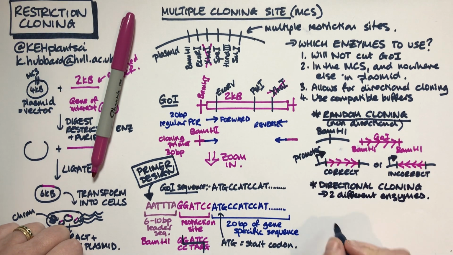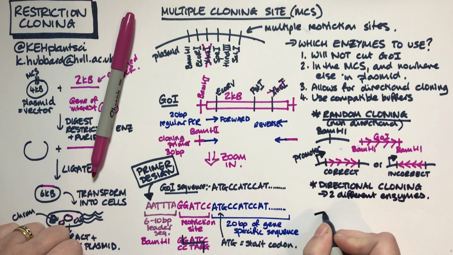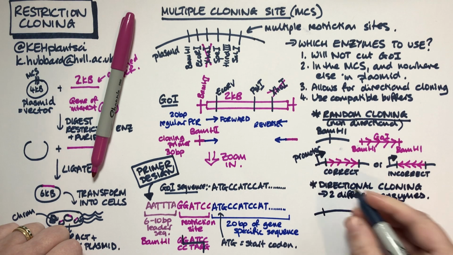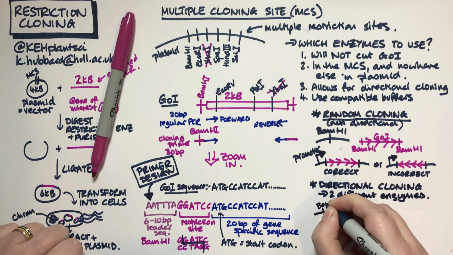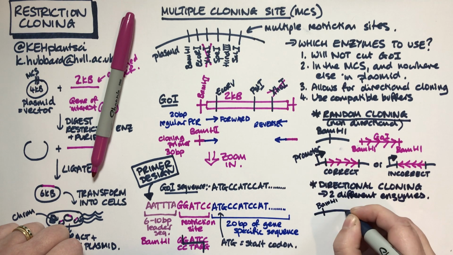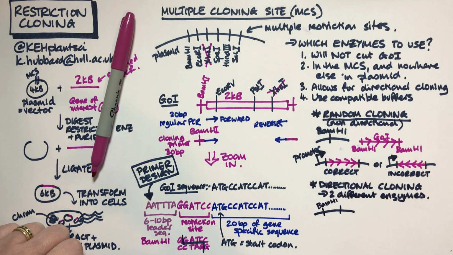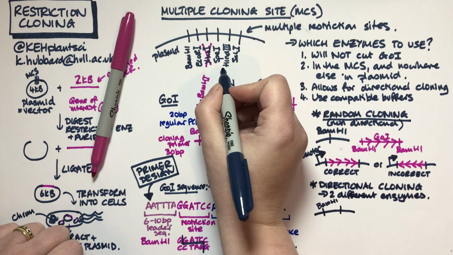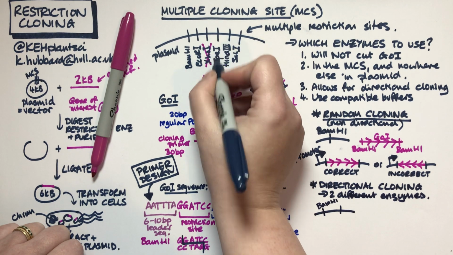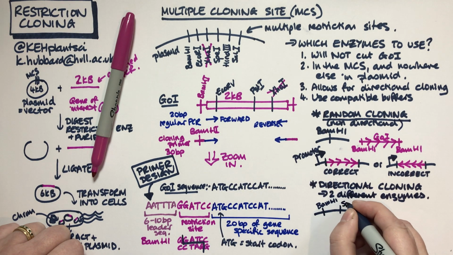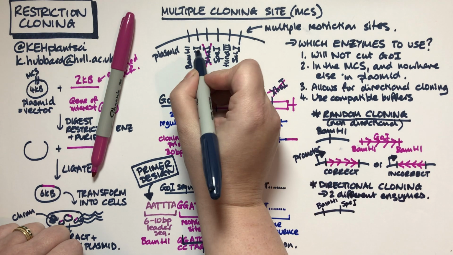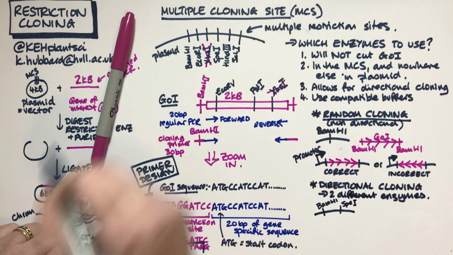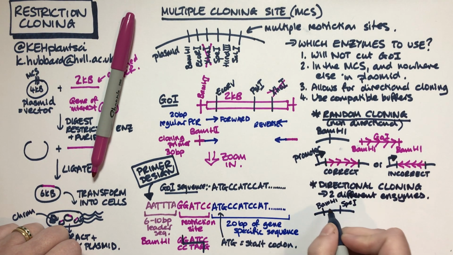So now here's the plasmid. We've got the BamH1 site, and now let's say we use SpeI. We could choose any of the others actually, except for ZO1.